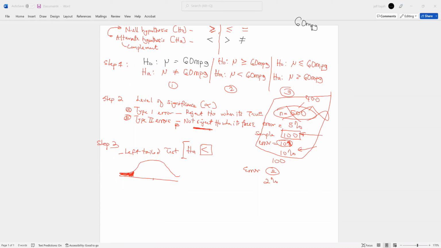So something to remember, right? When HA, or H sub A, has a less than sign, let me show you here. You can see in this example here, this will be a left tailed test, because it has a less than sign here.